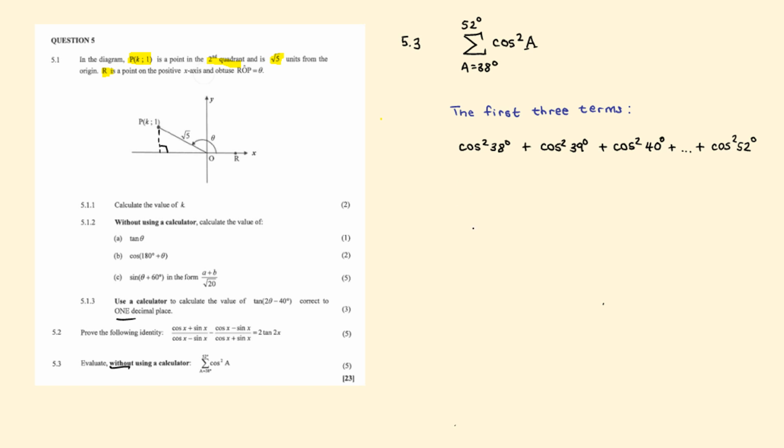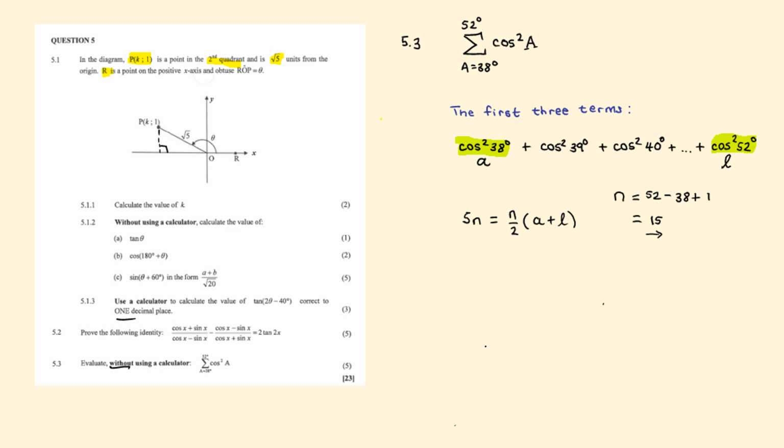Okay. So now cos squared 38 degrees is our first term and cos squared 52 degrees is our last term. And the number of terms in this series is 52 minus 38 plus 1, which is going to give you 15 terms. Okay, so this is our value of n.